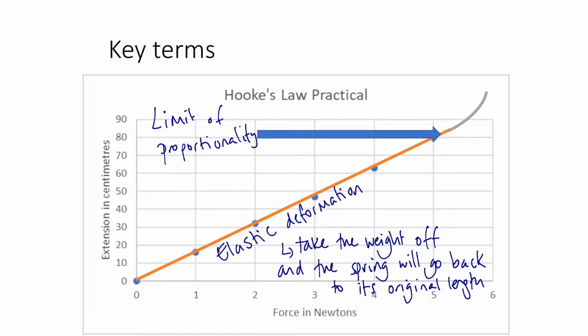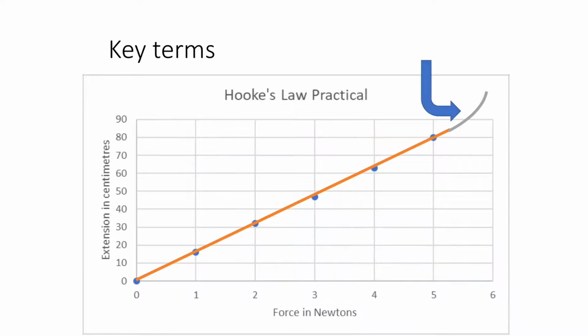And then in the orange part, that's called elastic deformation. So as I said, when you take the weight off, the spring will then go back to its original length. So the grey part of the curve that we have now, the limit of proportionality has been exceeded and extension and force are no longer directly proportional like they were just here.